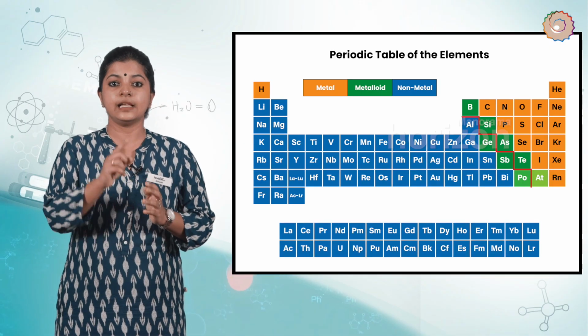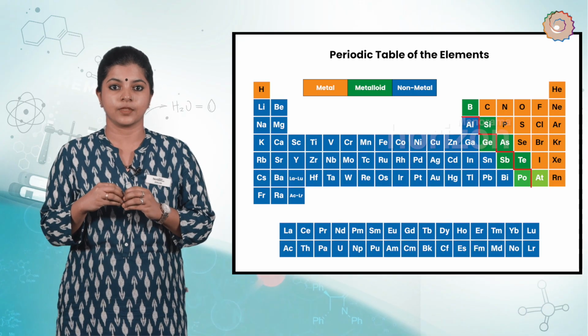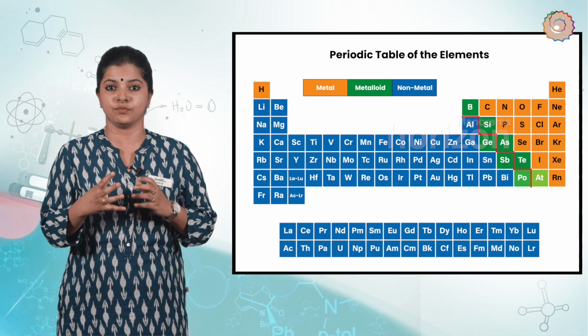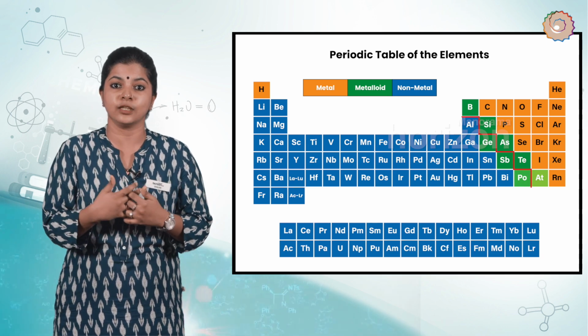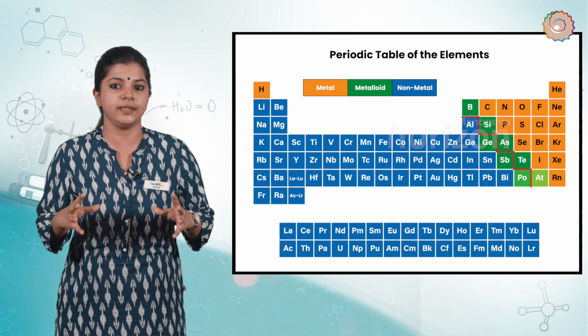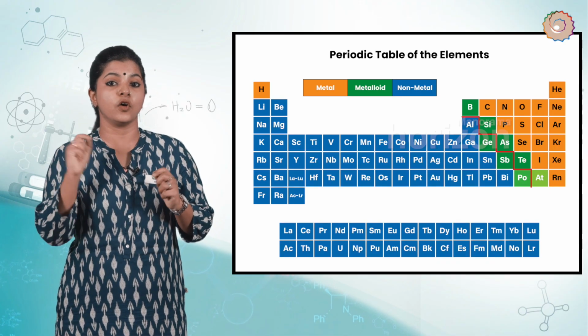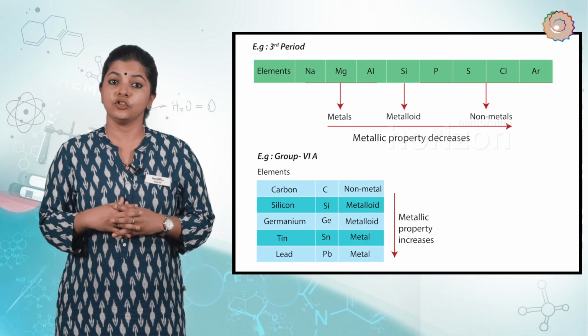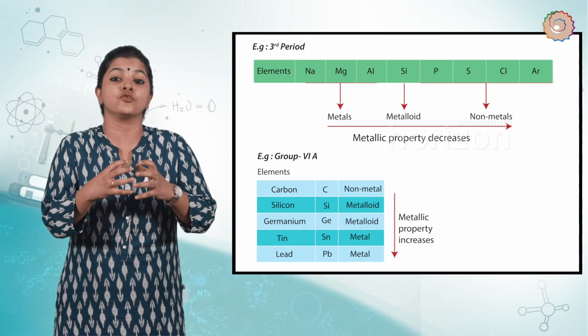In the periodic table, a zigzag line separates metals from non-metals. The borderline elements such as boron, silicon, germanium, arsenic, antimony, tellurium and polonium are intermediate in properties and are called metalloids.